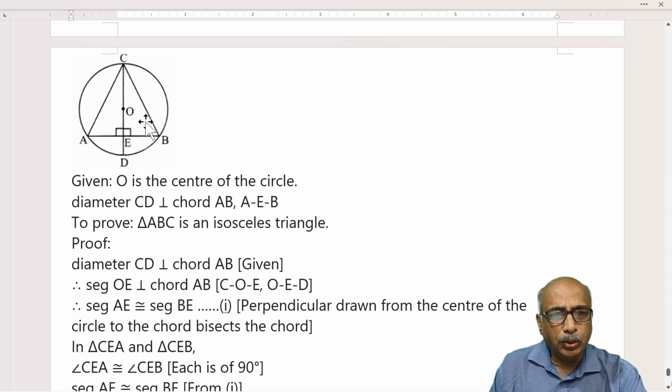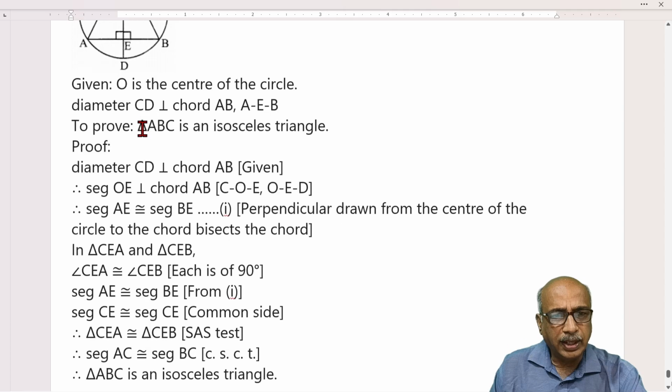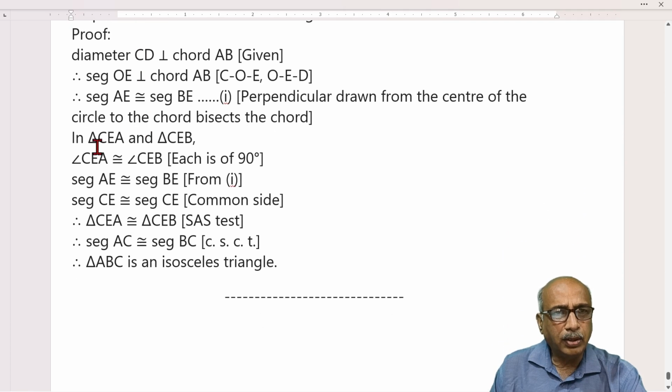Therefore, these two triangles are congruent by SAS test. In triangle CEA and triangle CEB, angle CEA is congruent to angle CEB, each of 90 degree, given. Segment AE is congruent to segment BE from equation 1 above. Segment CE is congruent to segment CE, common side. Therefore, triangles CEA and CEB are congruent by SAS test.